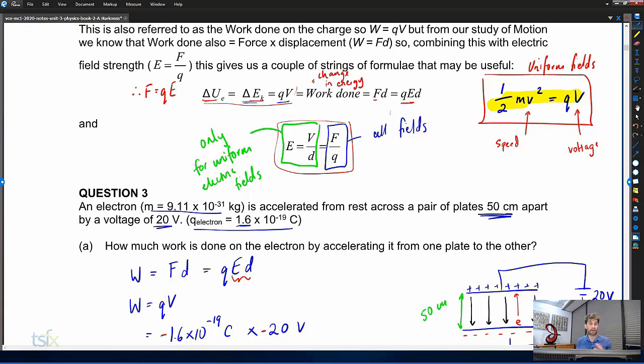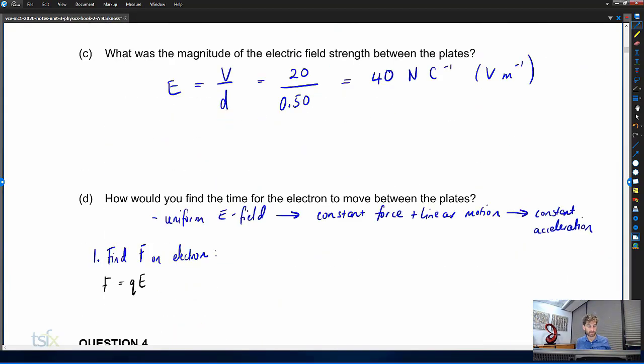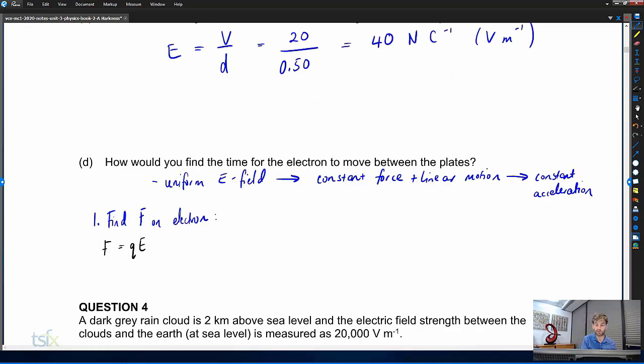We basically know everything about this situation for question 3 now. We know E, V, D, and Q, so we can manipulate things in whatever way we like, but the simplest way for us to get the force is just going to be Q times E, because we have those things now.